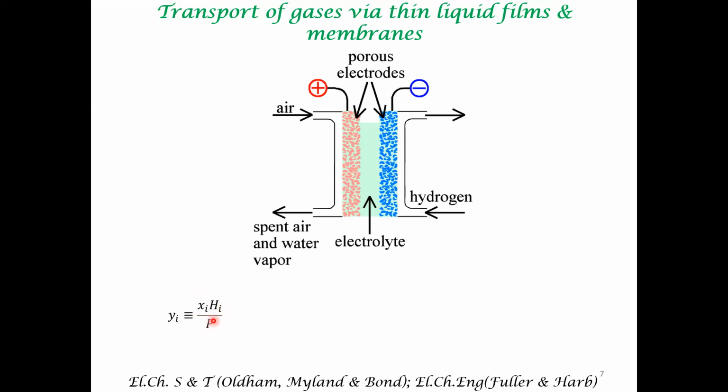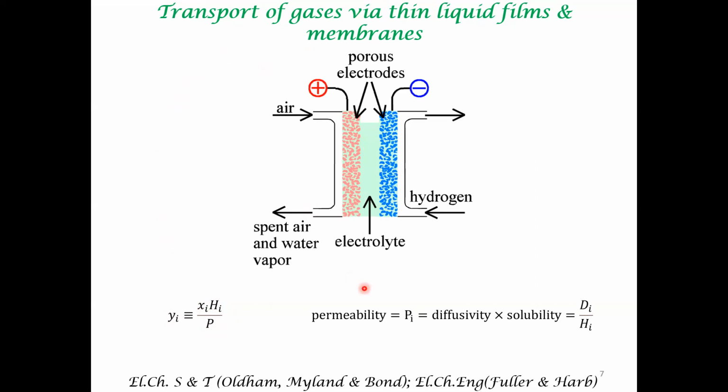Just to correct myself, this is the total pressure, not the permeability coefficient. So all these things have to be first empirically modeled. Okay, so Henry's law, or Henry's correlation. Again, these are not laws as fundamental as Newton's law, but these are of great practical relevance. These kinds of approaches are utilized for modeling transport of gases via thin liquid films.